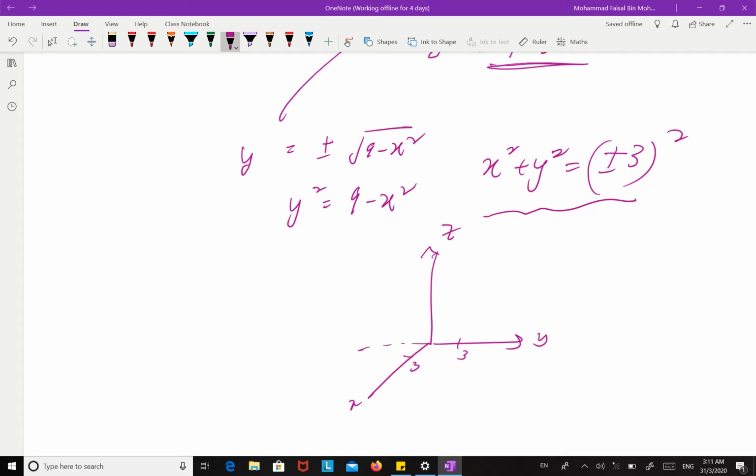So I extend this, and I choose -3 also, and then I have at the behind part -3.